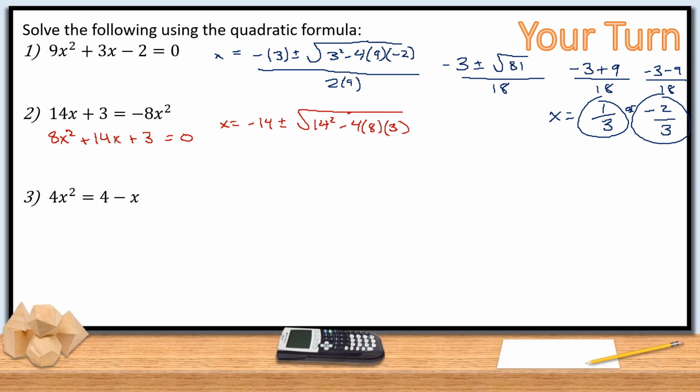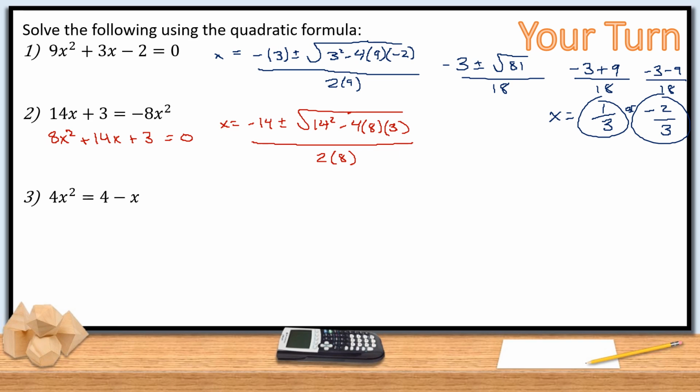So the question here will be, is 14 squared greater than 4 times 8 times 3? So 14 squared is 196. 4 times 8 is 32. 32 times 3, so yeah, it's going to be like 90 something. So we know that we're going to have positive solutions all over 2 times 8.